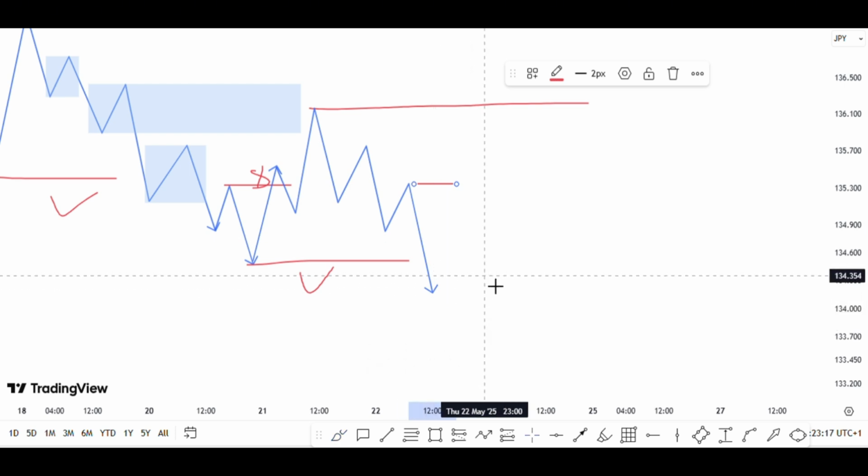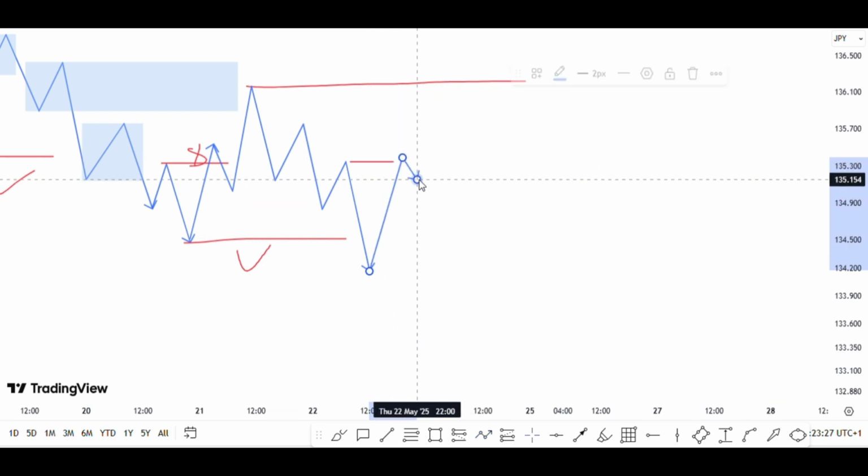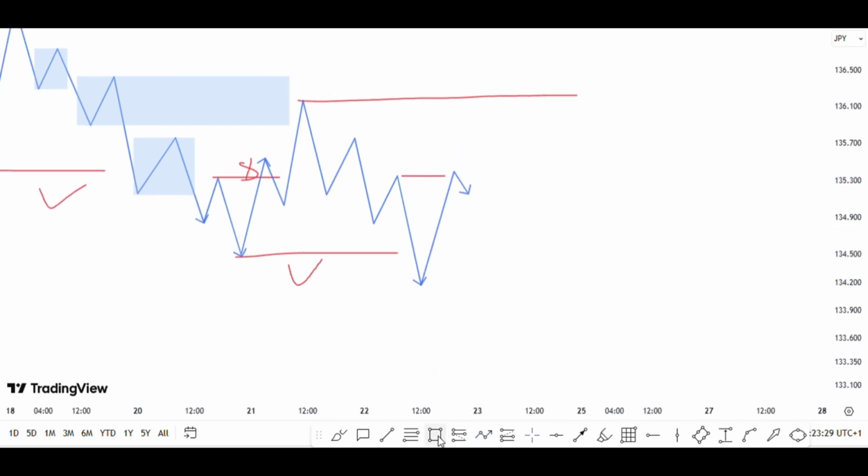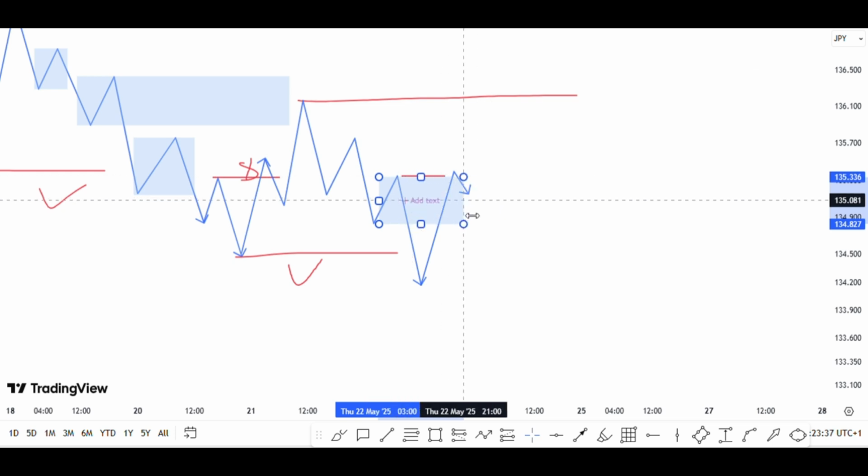So in a situation that market comes back to take out our inducement like this, as I explained, you can see that after we identify our inducement, we can't use this order flow because it's below our inducement.